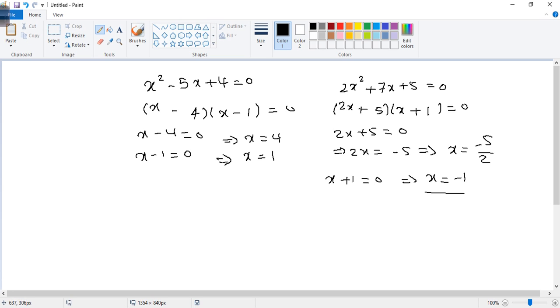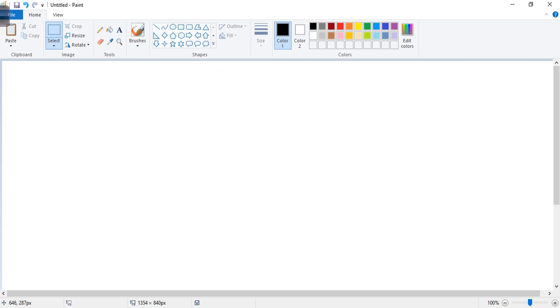Let's have another equation. The other equation is x squared plus 2x equals 3. We send the 3 to the other side, it will be x squared plus 2x minus 3 equals 0. We have minus here, it means 1 plus and 1 minus.